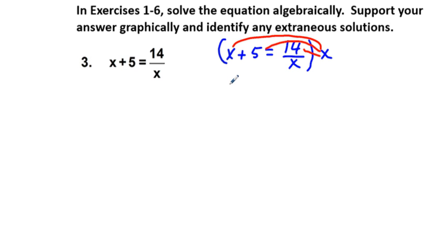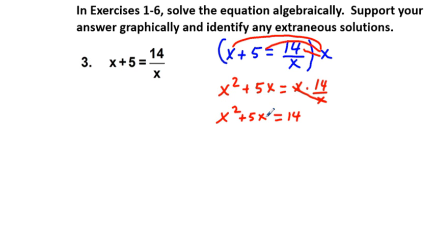So we're going to have x squared, which is x times x, plus 5x equals x times 14 over x, and the x over x cancels. So we end up with x squared plus 5x equals 14.